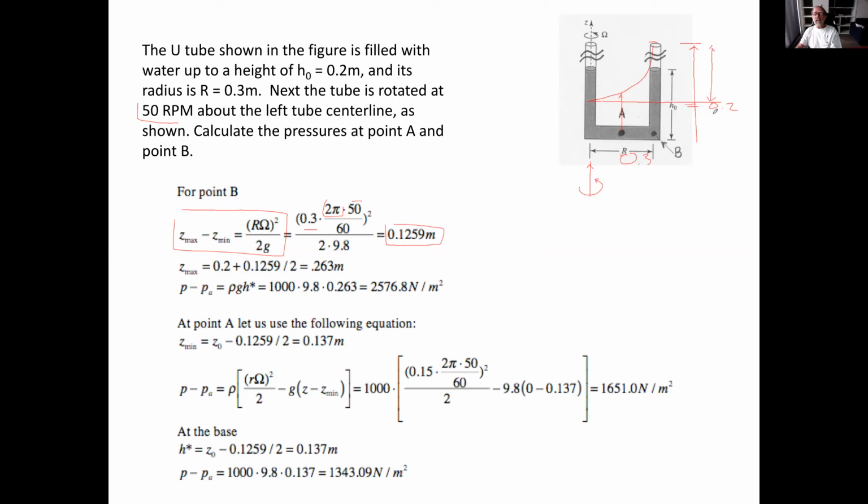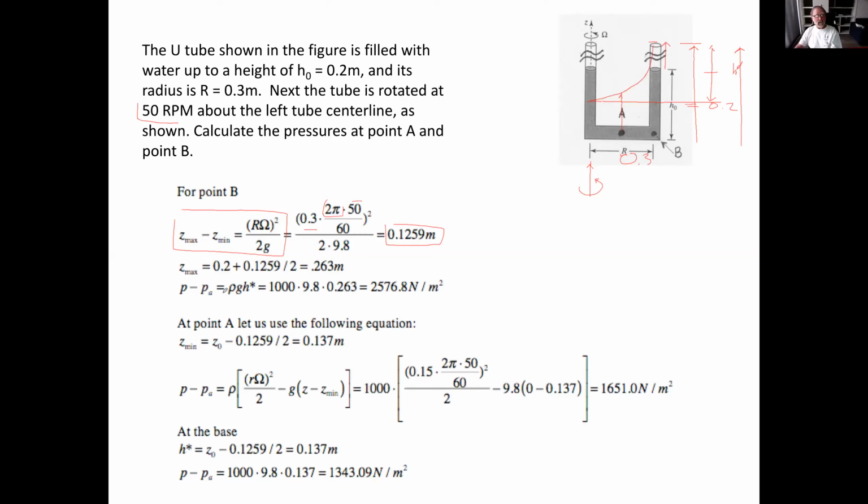Okay, so we know that one. And therefore, 1/2 of that is how much it will rise compared to the initial condition. So the pressure is going to be rho g h. What is h? H star, which I call H star, is the height in that tube.